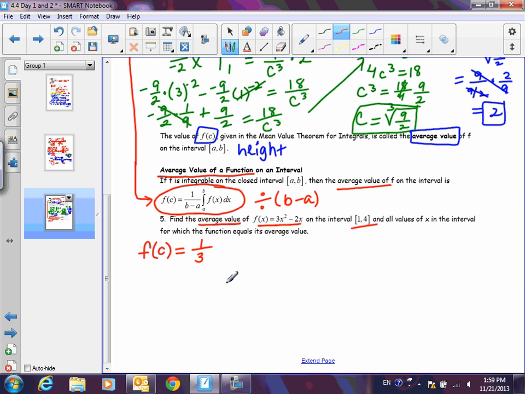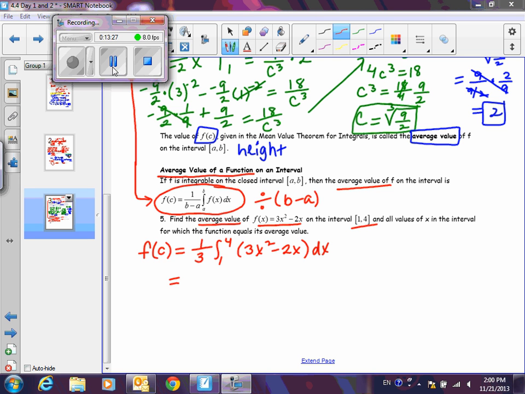Then times the integral from 1 to 4 of this function, 3x squared minus 2x, don't forget your dx. So the average value is just computing this integral, plugging in the numbers, and multiplying by 1/3. I would like for you to do this part on your own.